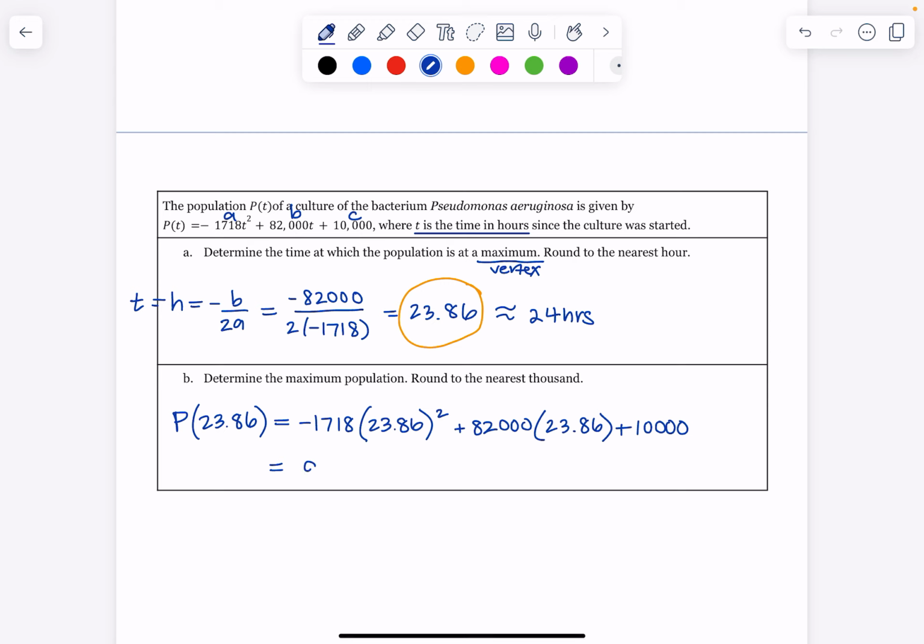And I got 988,463.287, and it says nearest thousand. So 1,000 would be this place. So that is approximately 988,000. And population. I'll just put population of bacteria if you really wanted to.